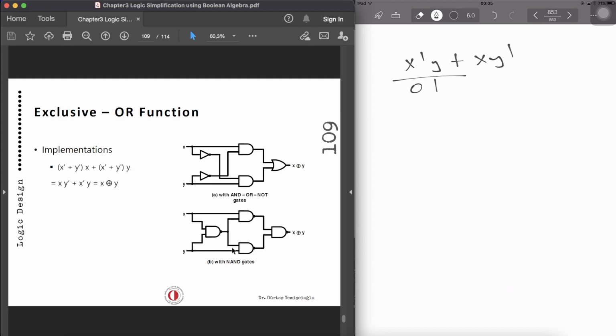So 0, 1 or 1, 0 in the truth table. You can use inverters and AND gates, inverter AND gate, inverter AND gate, and OR them together. And that can be implemented with NAND functions as well.